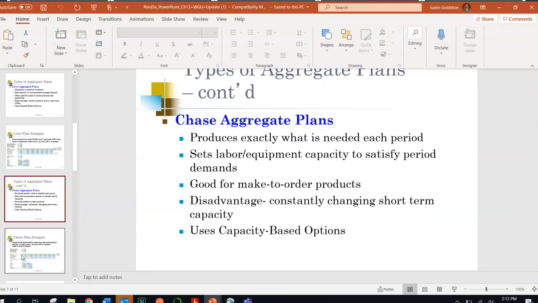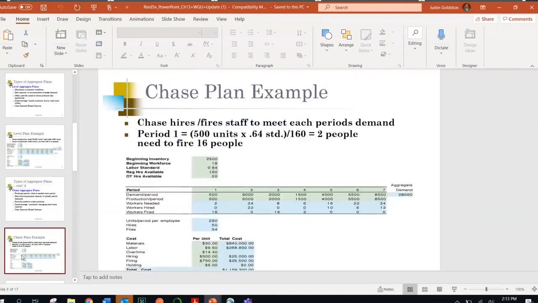I have nurses on call and have them adjust based on how many occupied beds I have. So you're going to have peaks and lows in terms of how many employees you're going to have on a particular shift because you're chasing that demand, you're chasing those occupied beds, and you're going to have peaks and lows in terms of the products you produce.